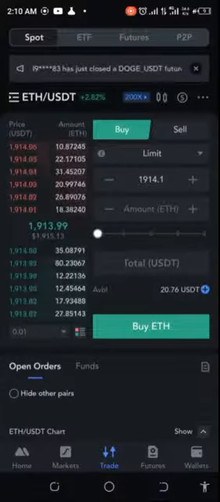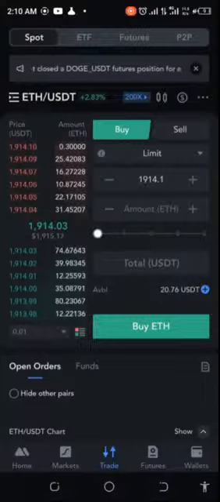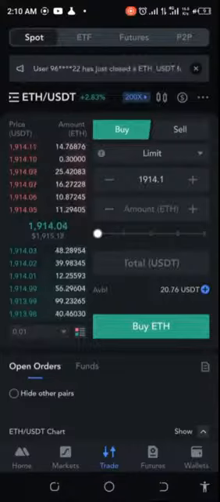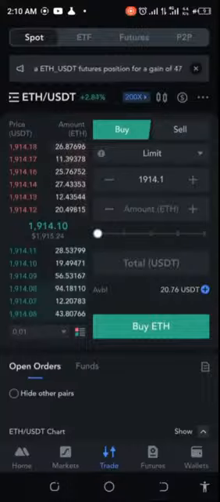Of course, not every trade will be the same. Some trades will be fast and some will be waiting for you to get it done, and you just have to be patient. That's just number one, you just have to be patient.